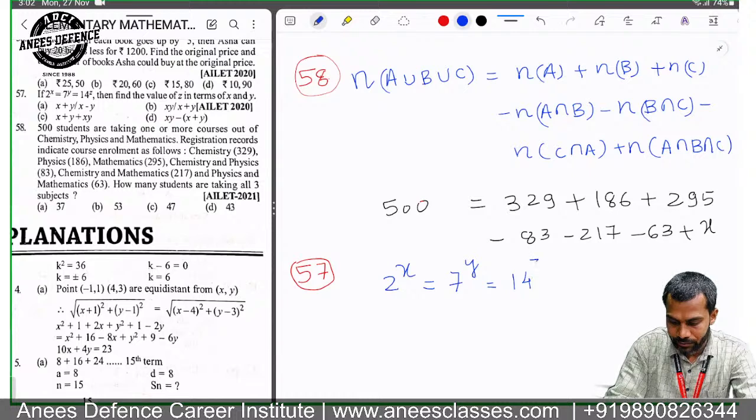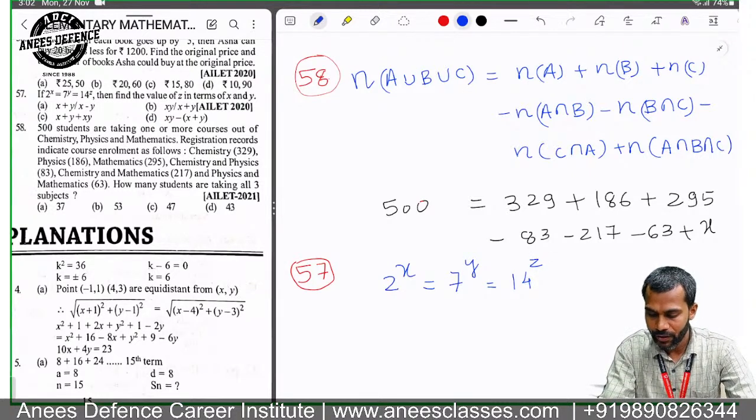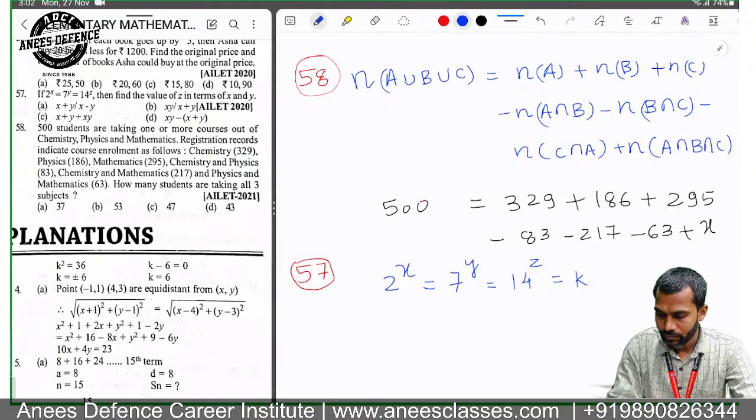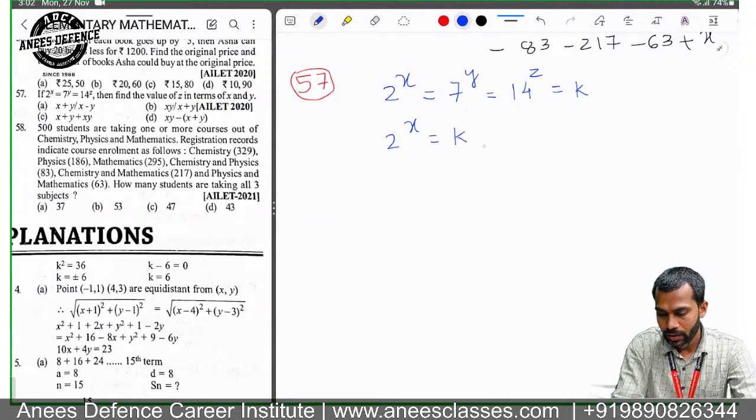14 raised to z. Please try. Very easy. Is equal to k. Now, if I write 2 raised to x is equal to k, then can I directly write x is equal to log k base 2?